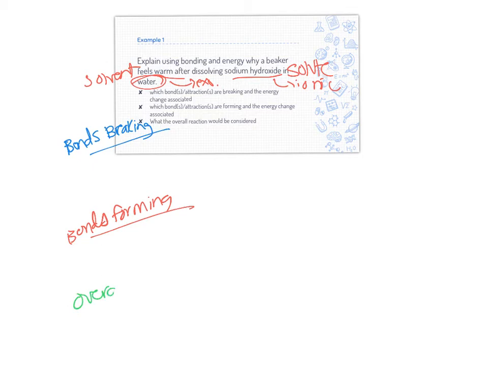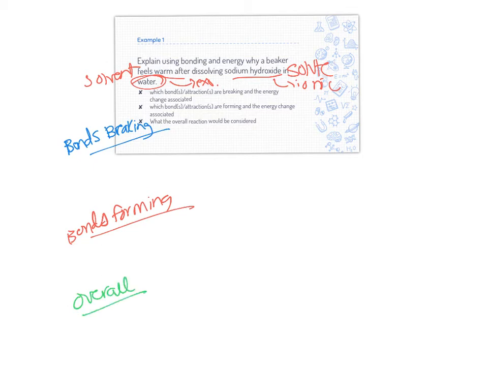We need to discuss three different things: which bonds are breaking, which bonds are forming, and the overall statement of what's happening.